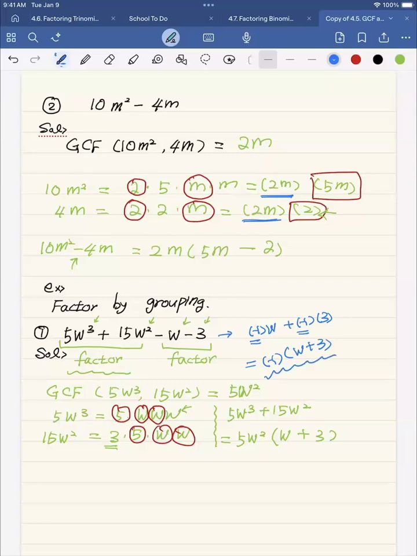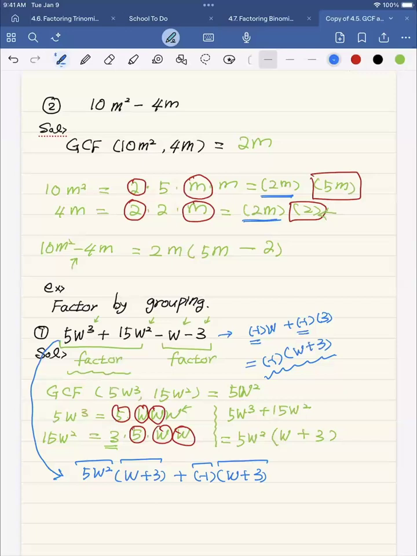So given algebraic expression can be rewritten as 5W squared times W plus 3 plus minus 1 times W plus 3. Here, there are two factors for each term.